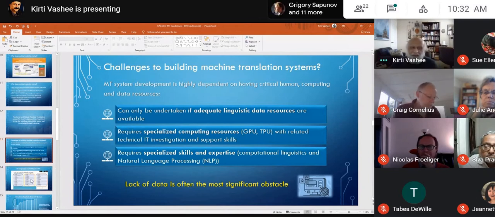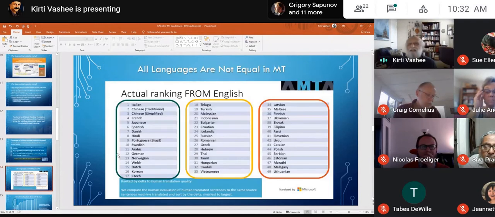Another thing that people should understand is that all languages are not equal in MT, that some languages are easier to do. The more data you have, the easier a language is to do. The more research there is in a specific language, the more likely that language will have better machine translation. And the closer it is to the source language.